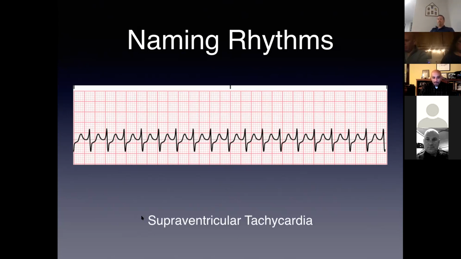Some people call this atrial tachycardia because it's coming from above the ventricle. How do we know this is coming from above the ventricle? The width of the QRS complex. Because the QRS complex is what? Narrow. Is narrow, right? And we'll get to this a little bit later on, but ventricular rhythms are wide complex, and anything above the ventricle is narrow. So this is supraventricular tachycardia.